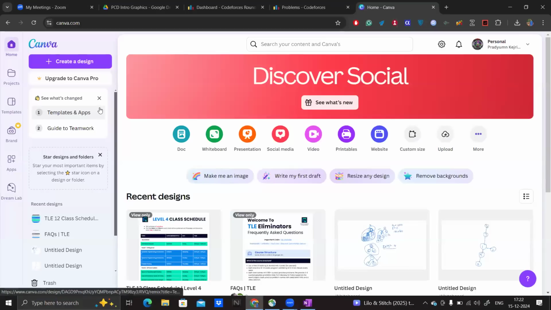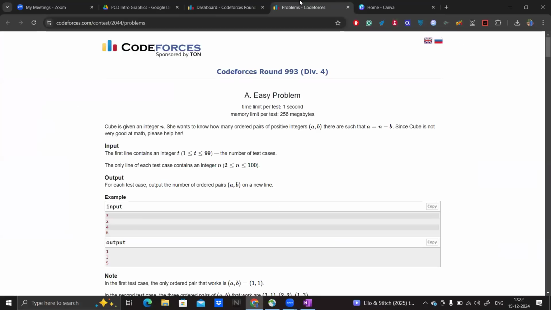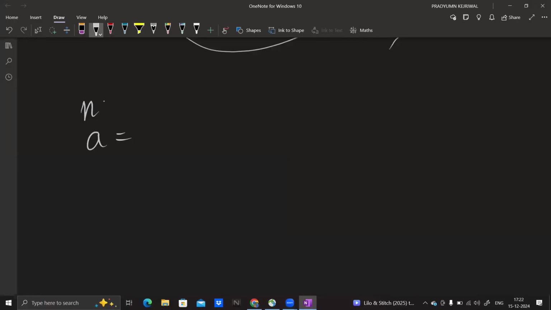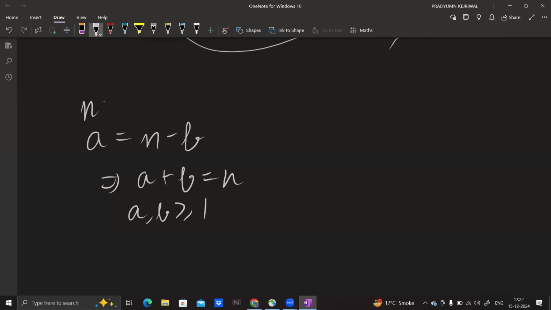Yeah, so the problem says that you have been given an integer n and you need to print the number of possible positive integers such that a equals n minus b, right? A equals n minus b, which means that a plus b equals n, and a and b are to be greater than or equal to 1 because they're positive integers.